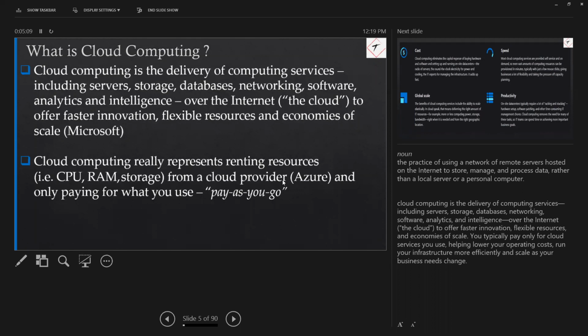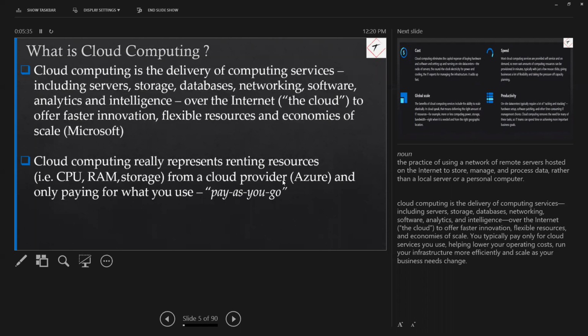So instead of having resources on local premises or on your personal servers or laptops, you can have them on the cloud. That means it is maintained by someone else, so you can just make use of those resources and only pay for the resources you use.